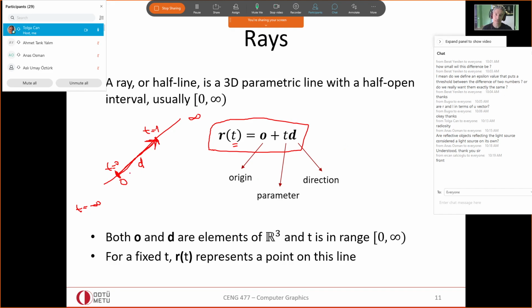So any object living on this line is living in a one-dimensional world. If everything living on this line thinks that's their whole universe, they are living in a one-dimensional universe. The line is a one-dimensional object, even in a three-dimensional world. So there's a single parameter, and we will be using it quite a lot to know where we are currently on the line, for example, where the intersection is.